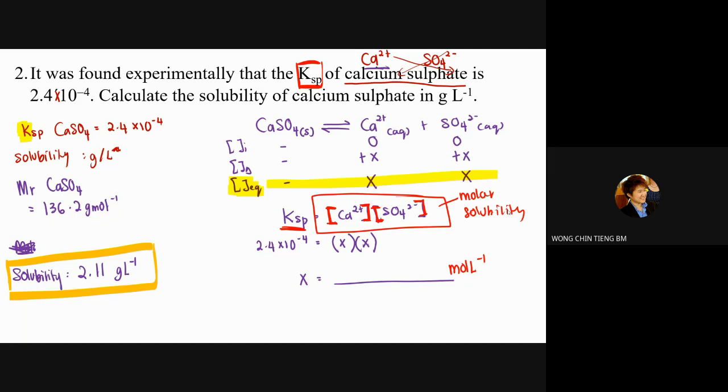We can't take any other. So if the question gives solubility, you have to convert it. Always remember, Ksp only plays with molar solubility. And that is what your friend meant by the X. This is the X. That is what we call molar solubility.